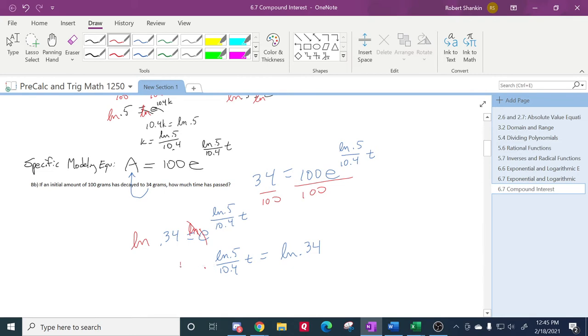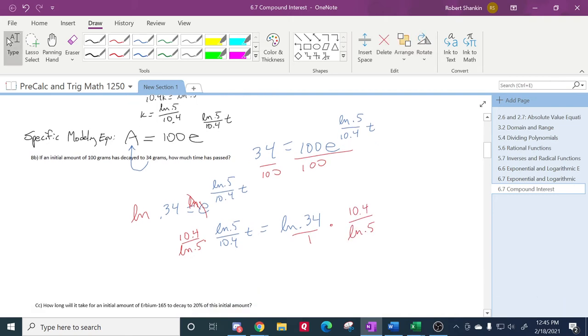I'm going to multiply both sides by the reciprocal. And then I'm going to get my answer as t equals 10.4 times ln of 0.34 over ln of 0.5.